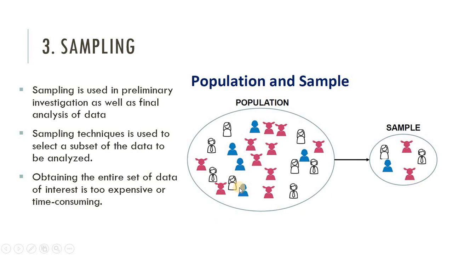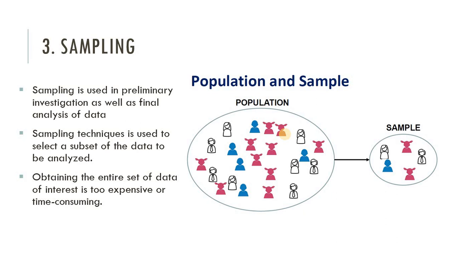Some blue types of people are also there, so from those we choose only one sample. From the other data sets, we also choose a sample, so that each and every type of data is present in our data set, and the data size is also smaller. That is why sampling is used.